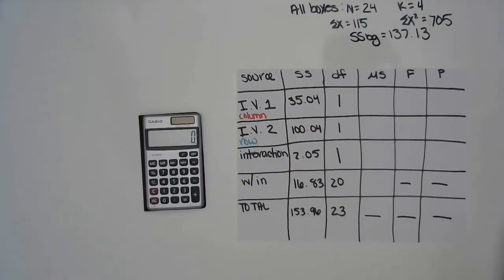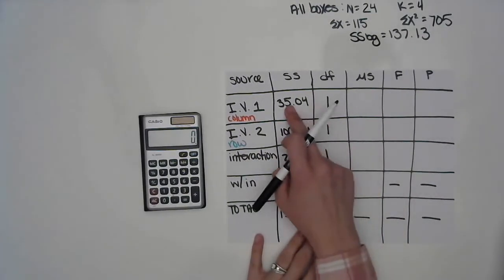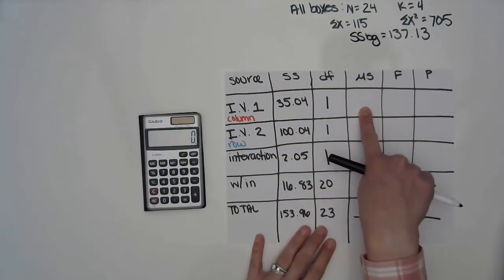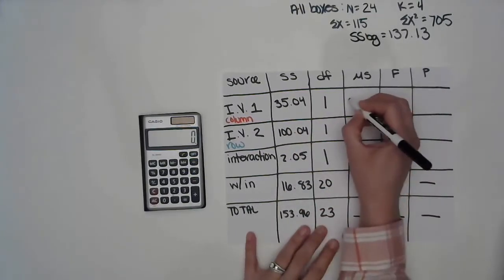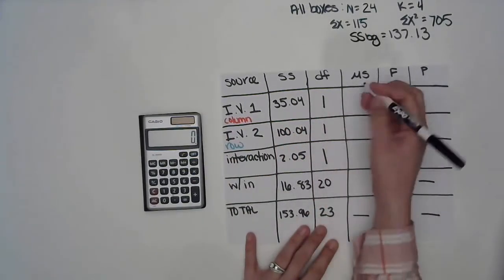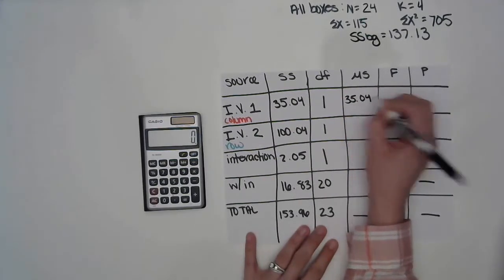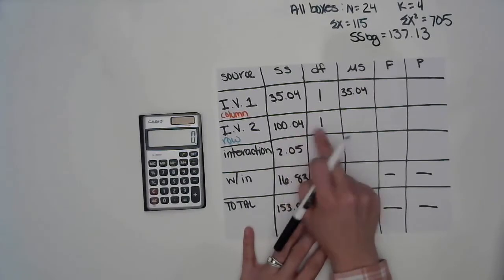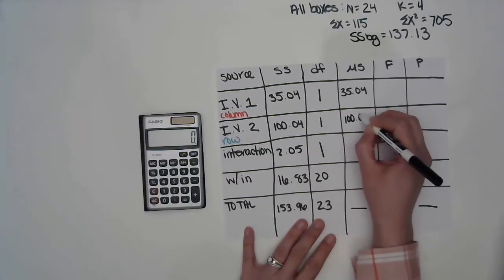Okay, so the solutions are once again on that table. Another easy way that you can do it is you can just divide these numbers across. So to find the MS for columns, you're just going to take 35.04 and divide that by 1. So 35.04 divided by 1 is going to be 35.04. You're going to do the same thing here. So 100.04 divided by 1 is 100.04.